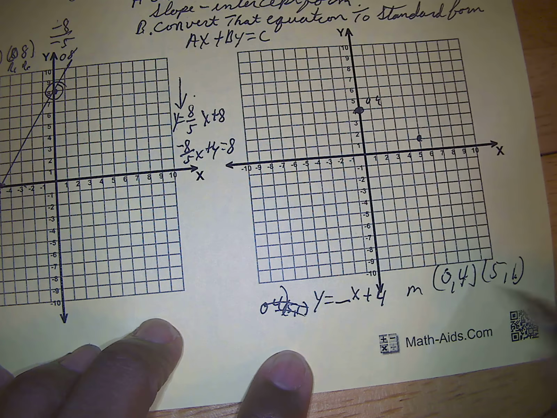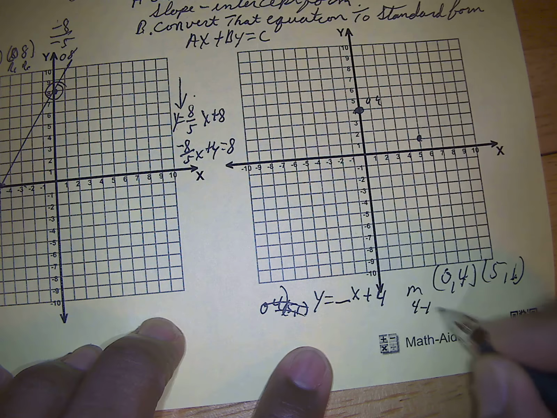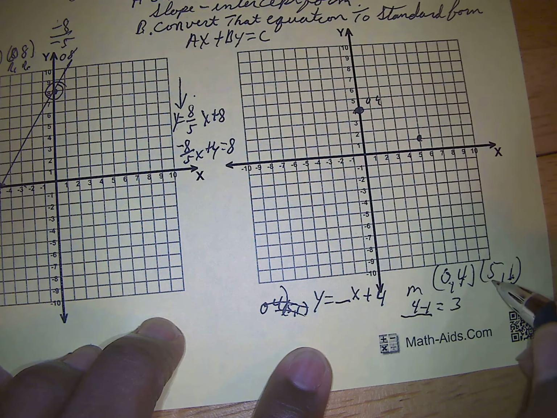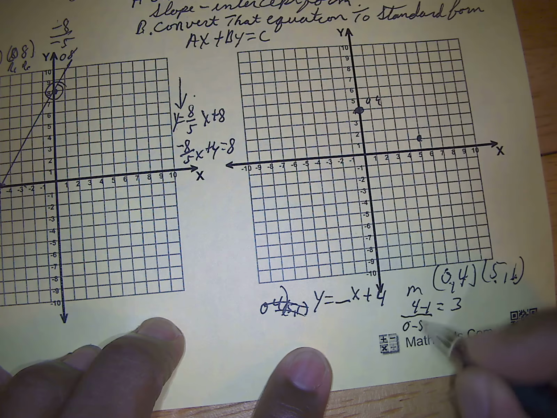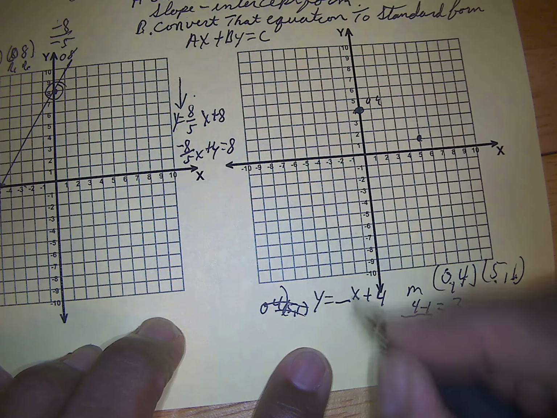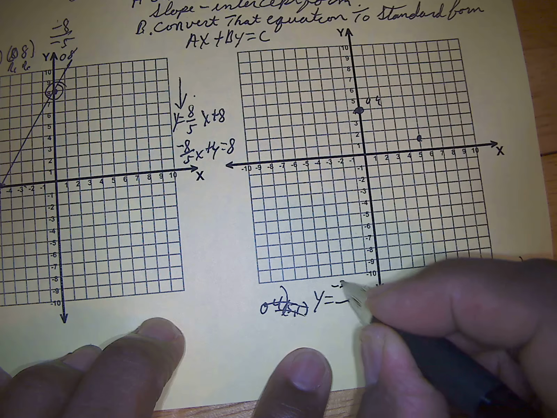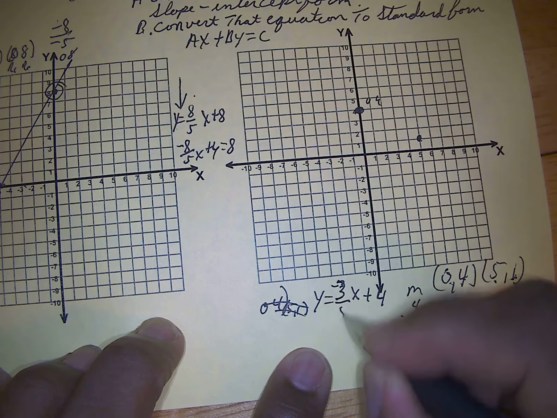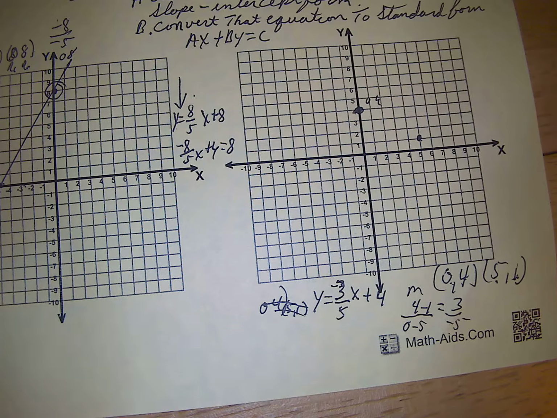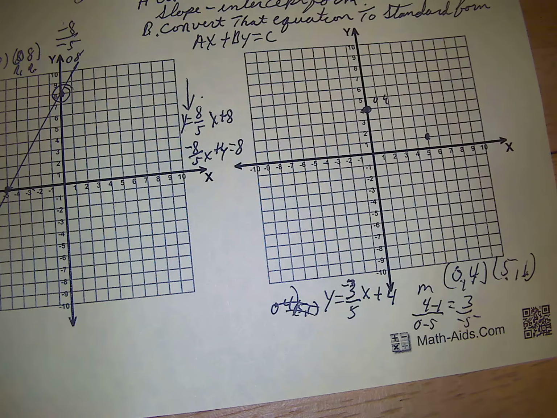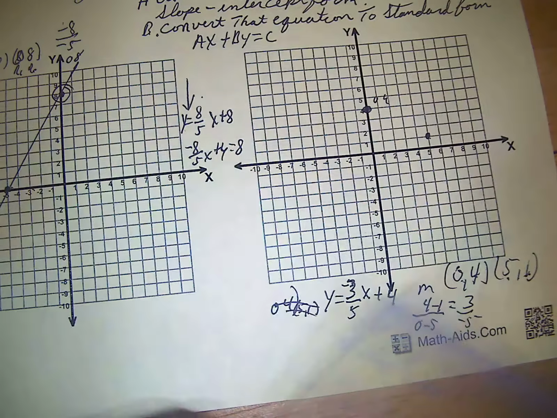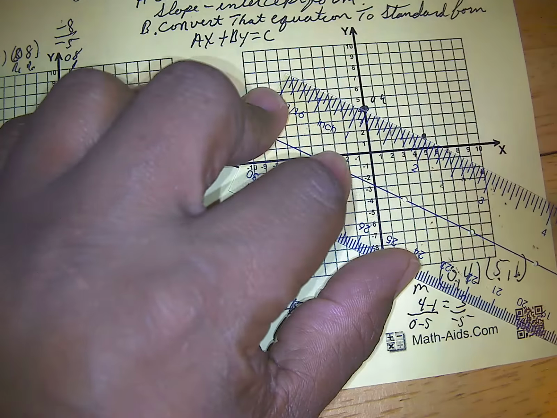So 4 minus 1 equals 3. 0 minus 5 equals negative 5. So that's negative 3 fifths. That goes here. Negative 3 fifths. Okay? And we know it's going to be negative because when we connect our points, we end up with a negative slope.